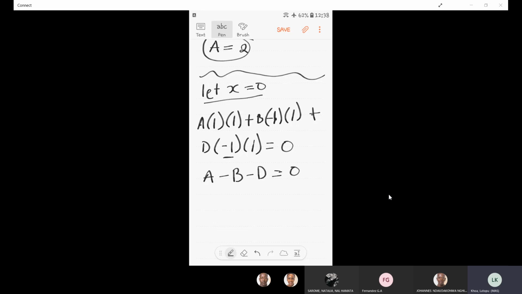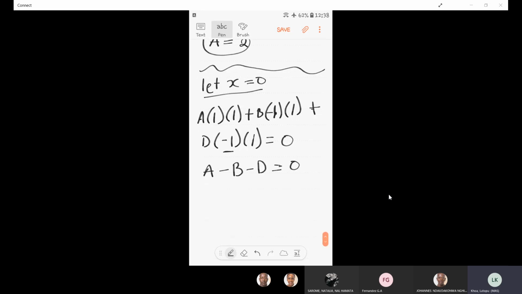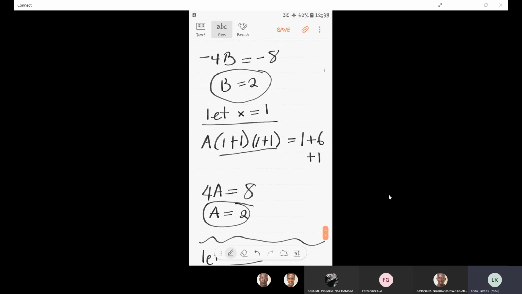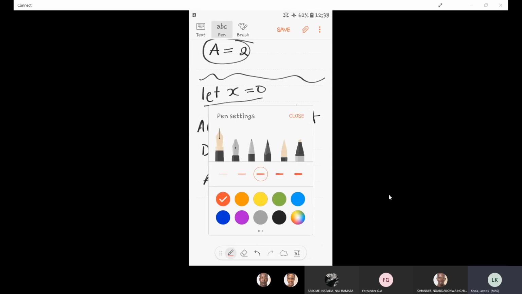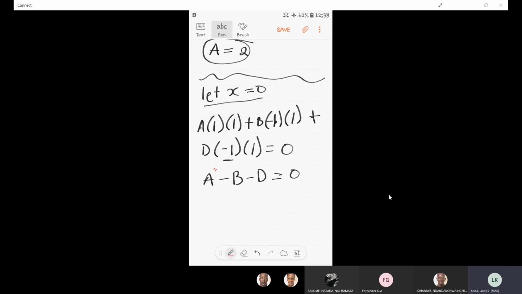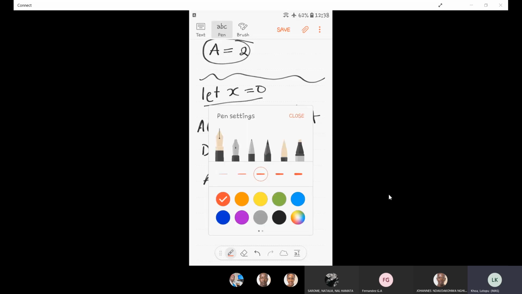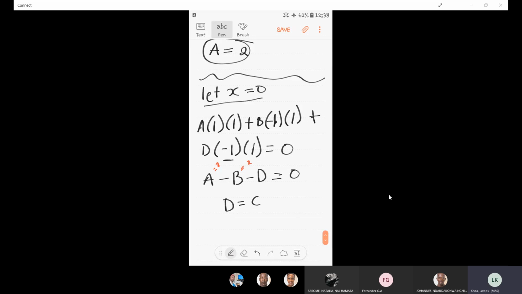A we said is 2, and b is also 2. So let me just substitute: 2 minus d is equal to 0. This just means that d is equal to 0.